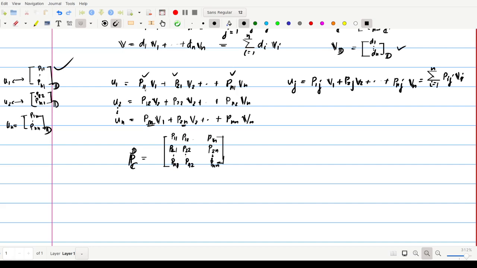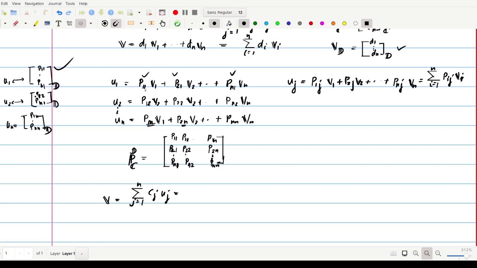If you define P in this manner, then any v can be expressed as the summation j equal to 1 to n of cj uj. This is the expression of v with respect to the basis elements uj, and we substitute for this uj.